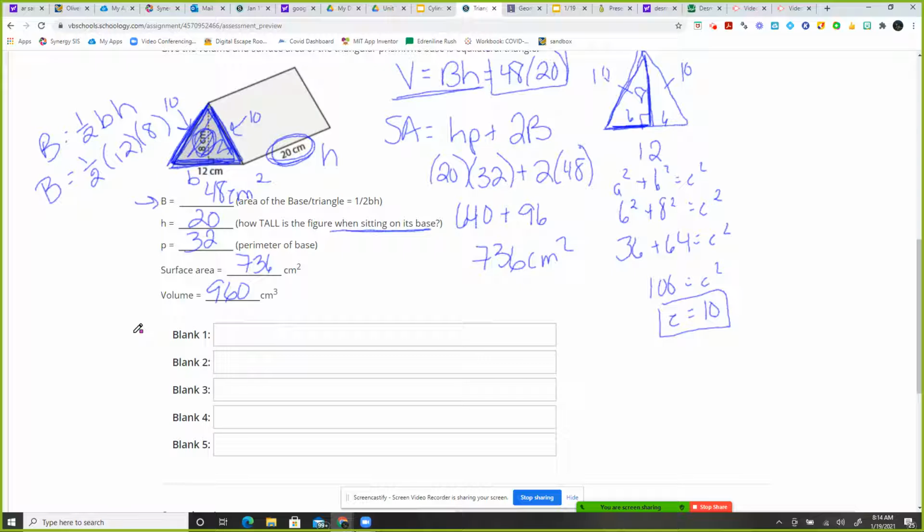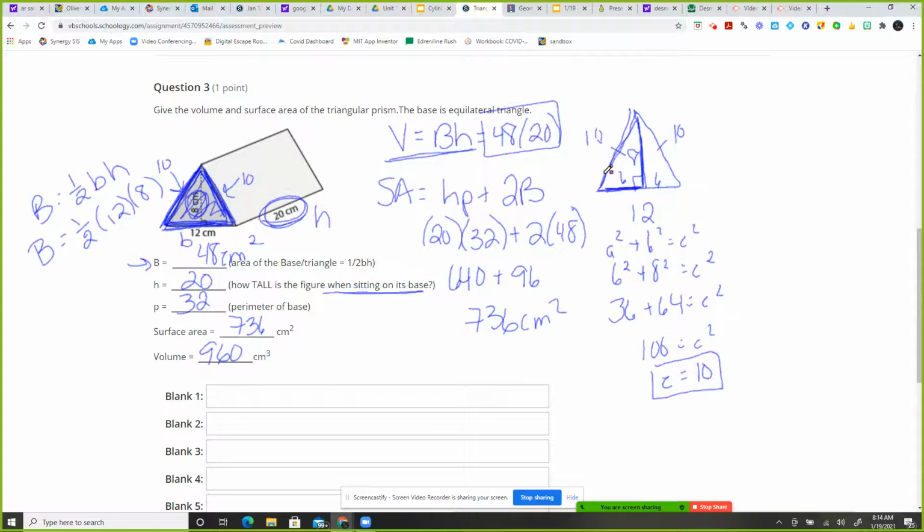And then surface area, 736. Did we do anything wrong? Because it looks like this is right. 6, 6, 8, 10. 10 plus 10 plus 12 should be 32.